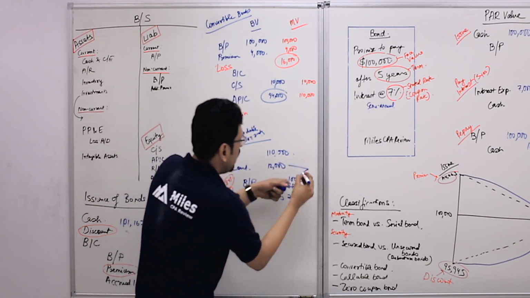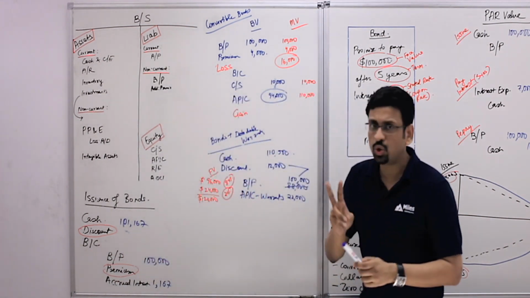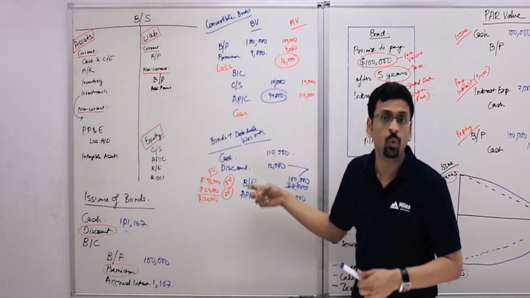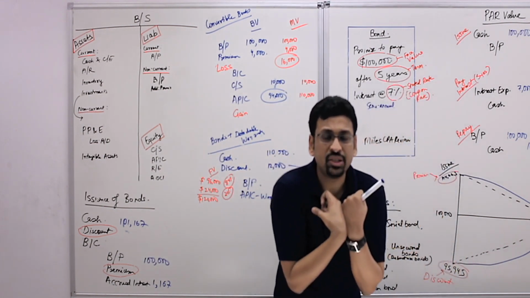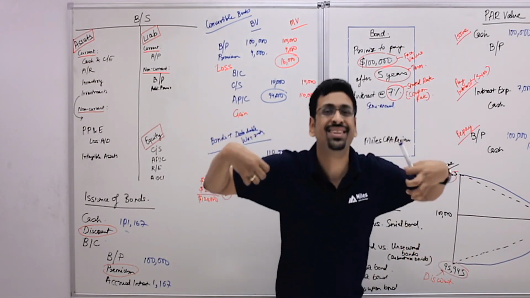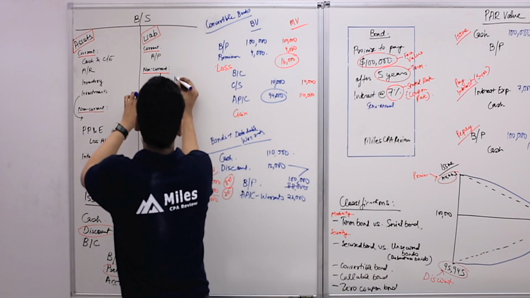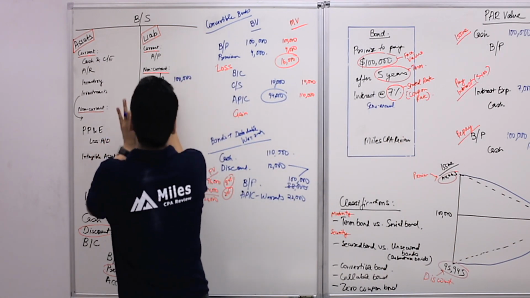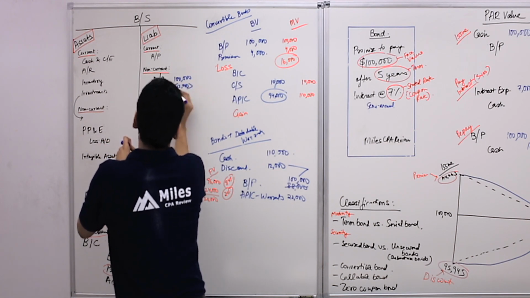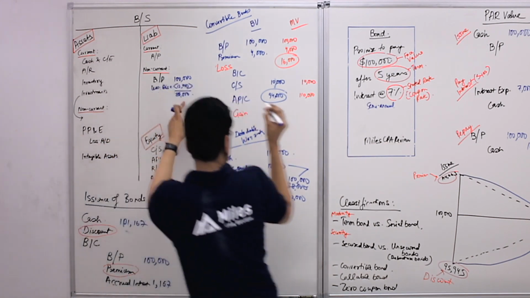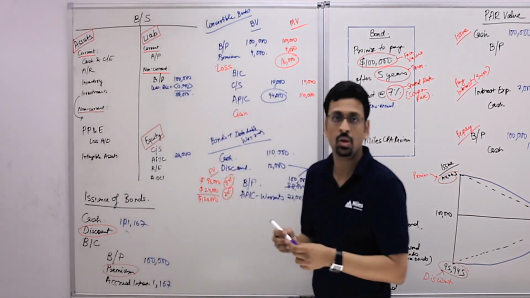So 100 minus 12 gives you 88. You're getting this logic, right? We are issuing two securities, bonds and warrants. We are allocating the cash that we've received between the bonds and the warrants separately. We're splitting it up. So we would have $100,000 of bonds payable less discount of $12,000, which gives us $88,000. The remaining $22,000 goes in APIC warrants.